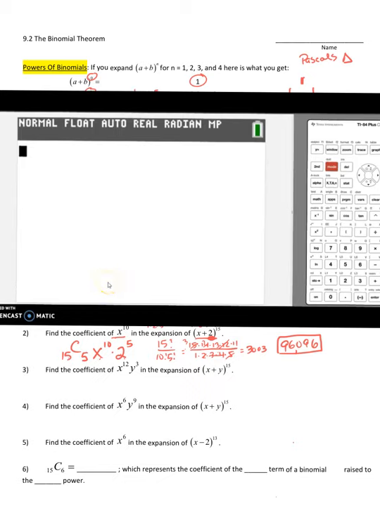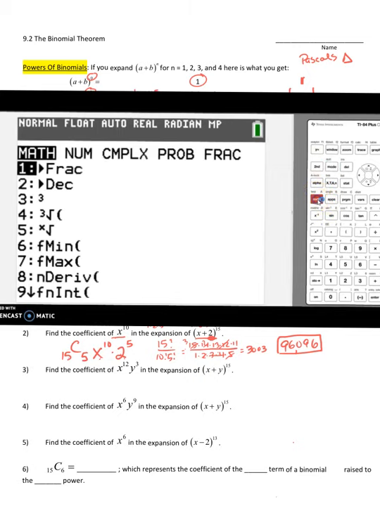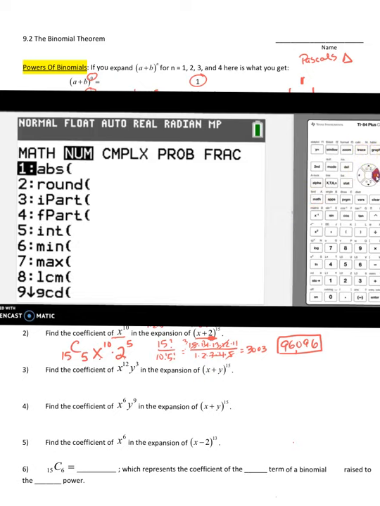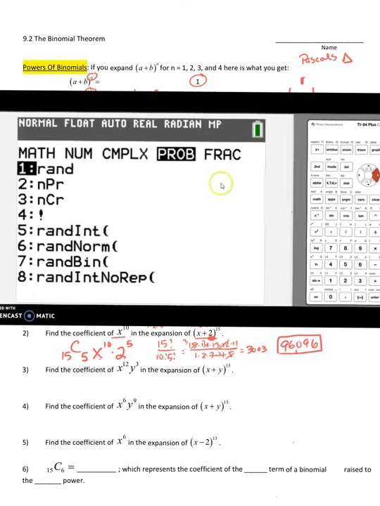All right, so let's show you how you can use your calculator to do the calculation of a combination of 15 things taken 5 at a time. You're going to find that under Math, and you will hit Math, and then you want to go to Probability, and you can see that you can calculate the permutations or combinations.